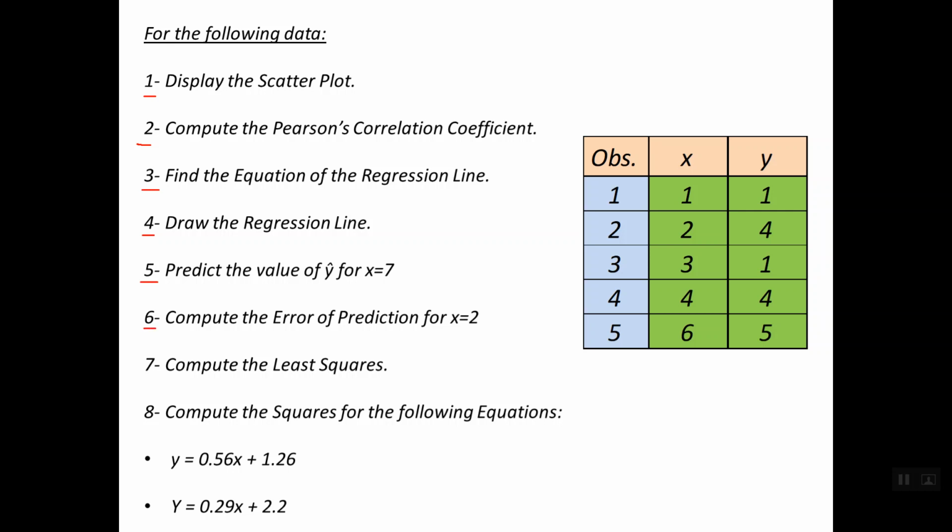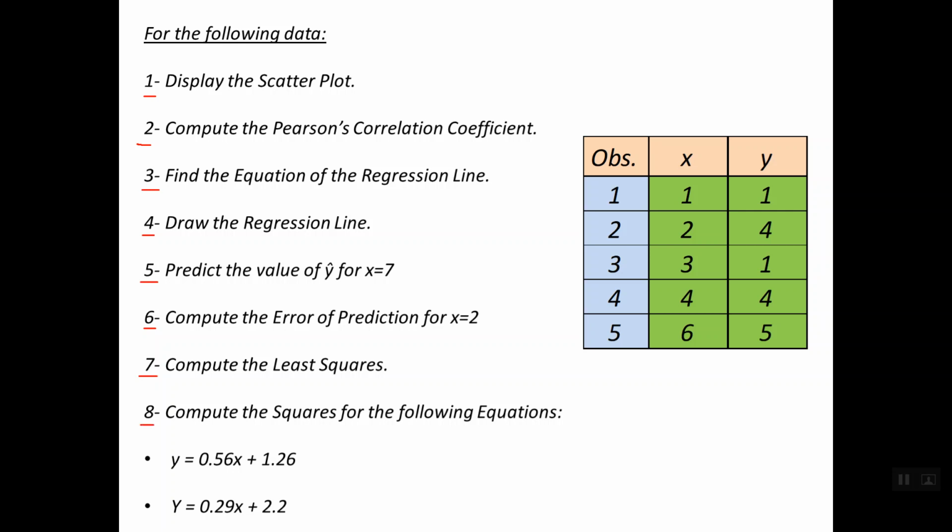Then it asks to compute the error of prediction for x equal to 7. Then it asks to compute the least squares of the errors, of course, by using the regression line.